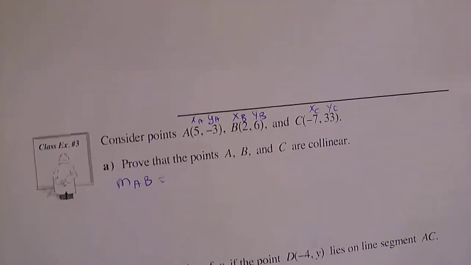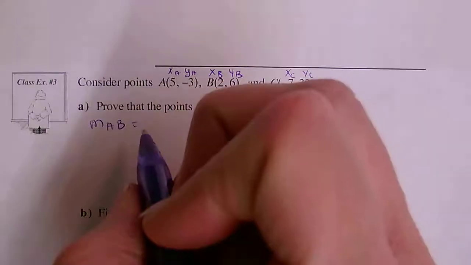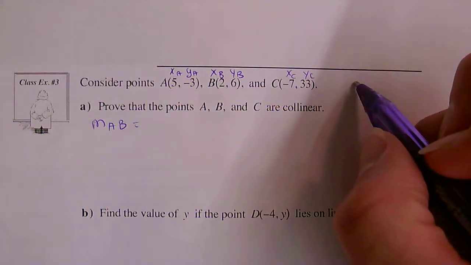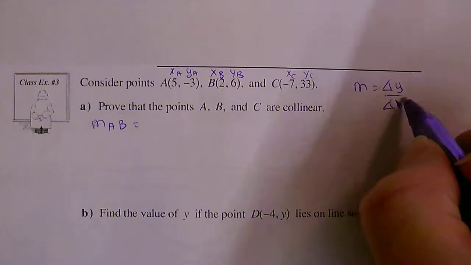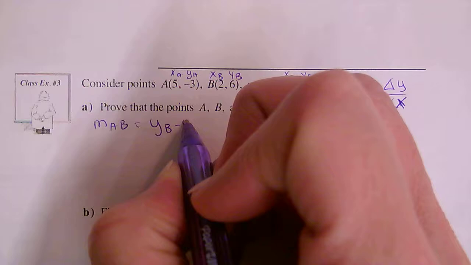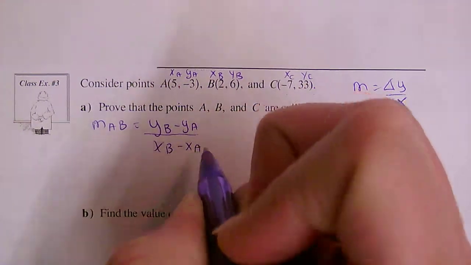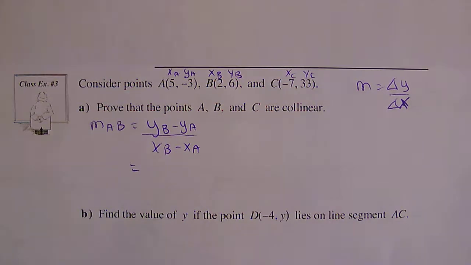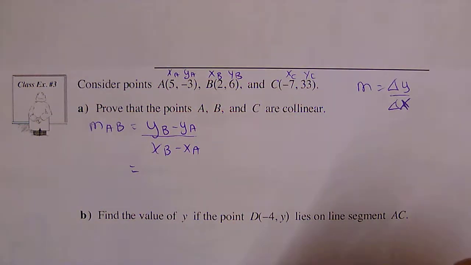So we'll write those first. Remember, slope is the change in y over the change in x. So we're going to do yb minus ya over xb minus xa, so that we get that all worked out and can then just substitute in.